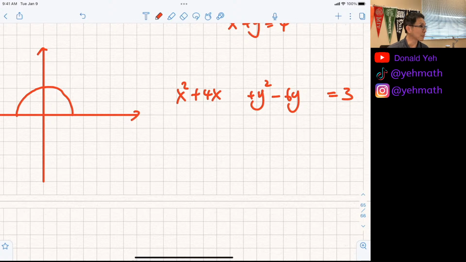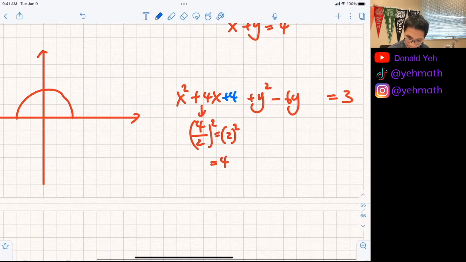So you have to do something called completing the square. You take the 4, which is the middle term, and it's b divided by 2, squared. That's equal to 2 squared, which is equal to 4. So I'm going to add 4 to this side, and the same thing, I'm going to add 4 to that side. So far, you understand? You have to do the same thing for the y.